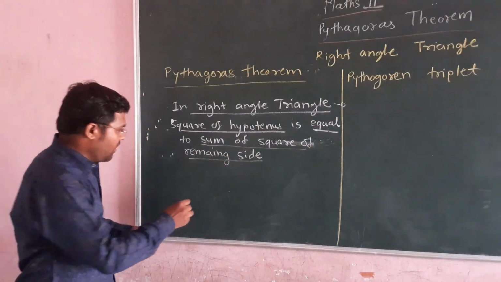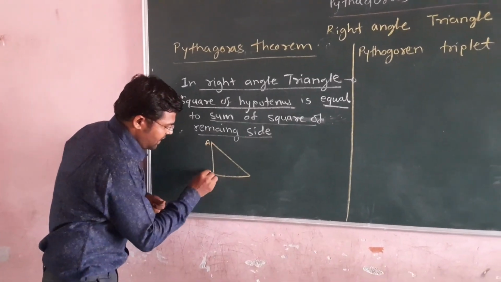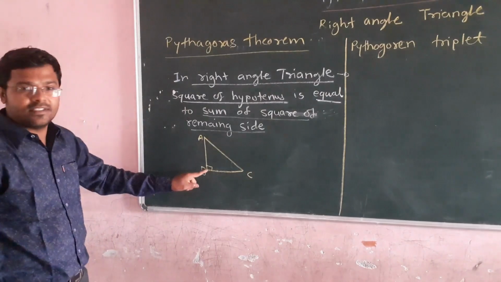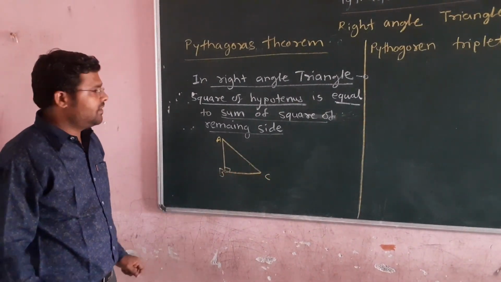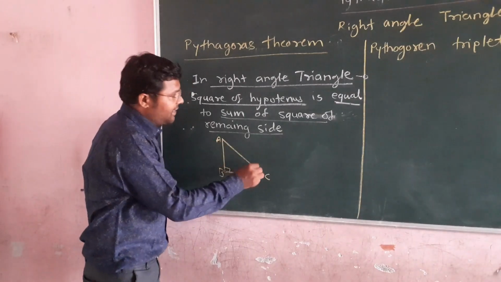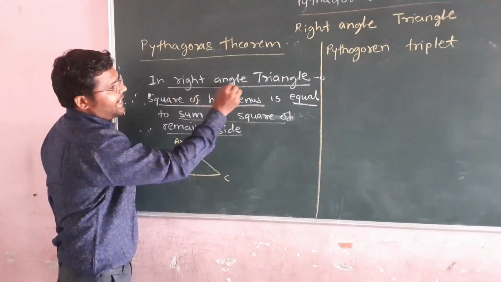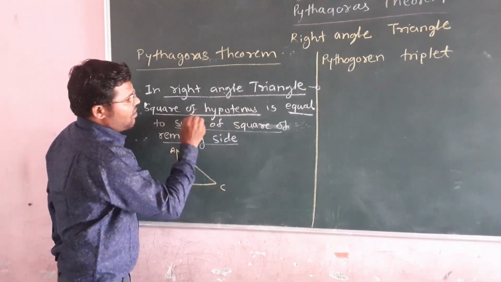Okay. Now I draw here one figure. I write here A, B, C. B is perpendicular, means B is 90 degrees. So ABC is a right angle triangle. Now we use Pythagoras theorem in a right angle triangle. Square of hypotenuse.